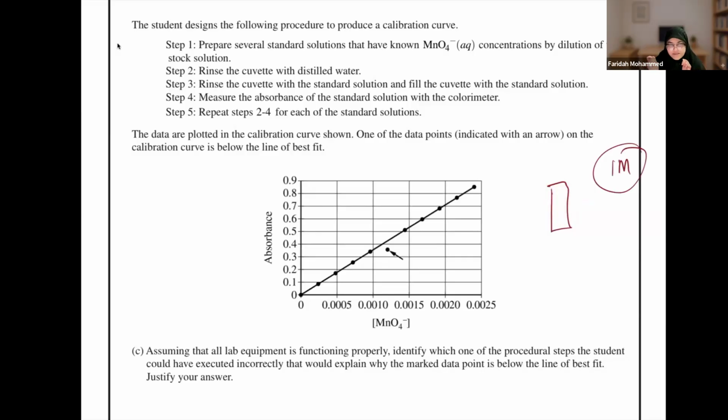So what can you do? You have to rinse with the solution that you're going to use. So basically, that solution is going to coat the cuvette. Because the student did not do that part properly, there's still some water left that causes lower absorbance. Okay, and that is 1 point.